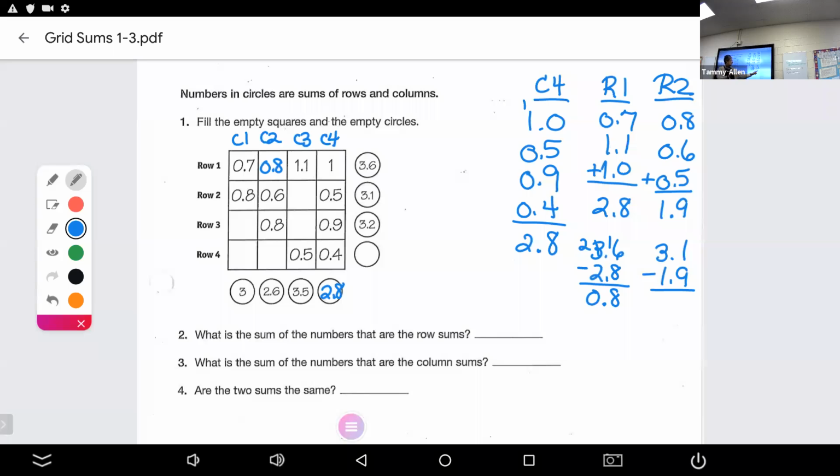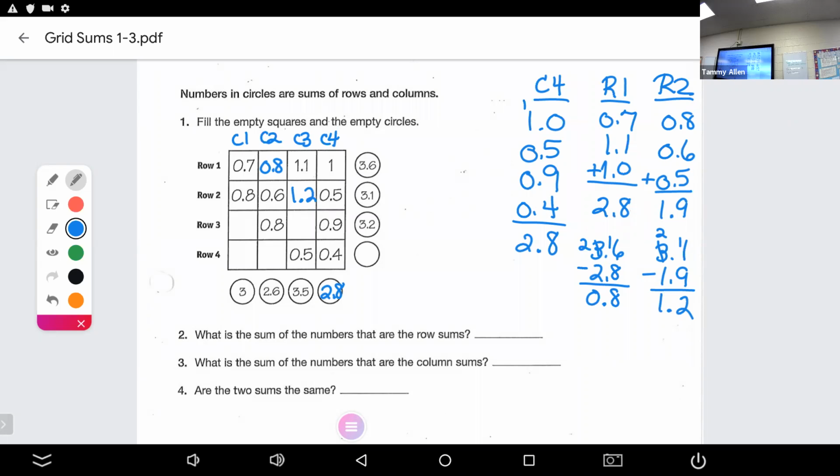Remember, we need to go down and not up. We need to borrow. 11 minus 9 is 2, and 2 minus 1 is? Okay, let's remember that some of us do make mistakes, don't we? So we don't need to comment on others, okay?